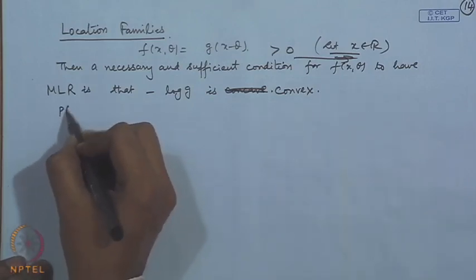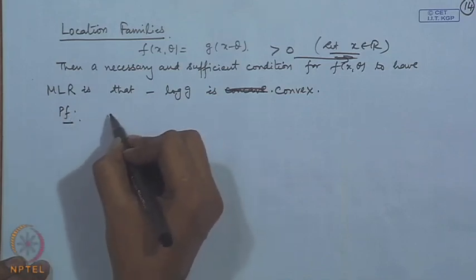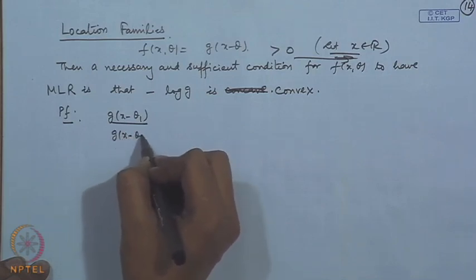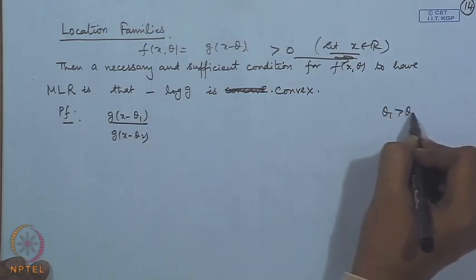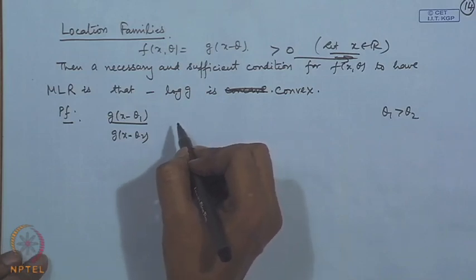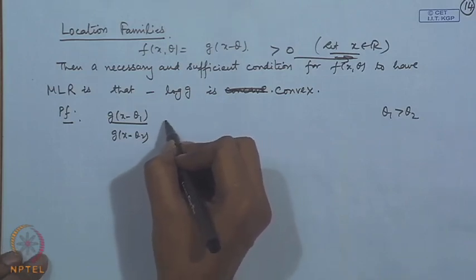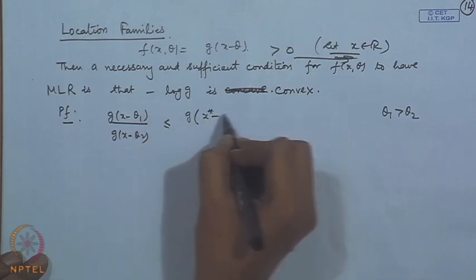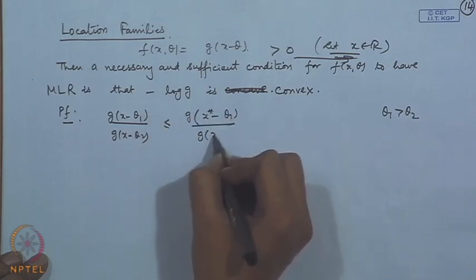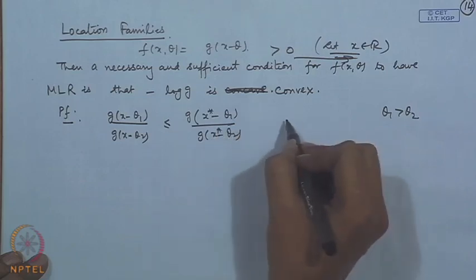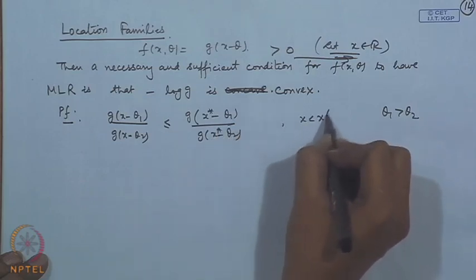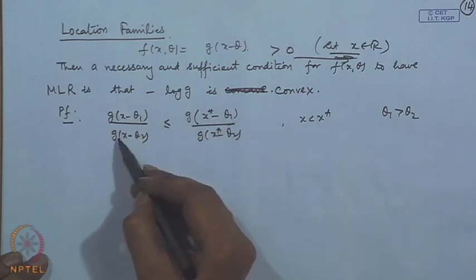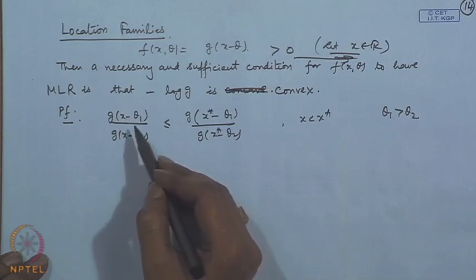This can be actually proved here. If I consider g of x minus theta 1 divided by g of x minus theta 2, where theta 1 is greater than theta 2, then we have to show that this is an increasing function of x. That means, if I consider x star, for x less than x star, this is what we should show for monotone likelihood ratio, that is, g of x minus theta 1 by g of x minus theta 2 to be an increasing function.